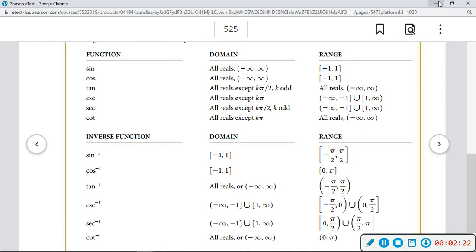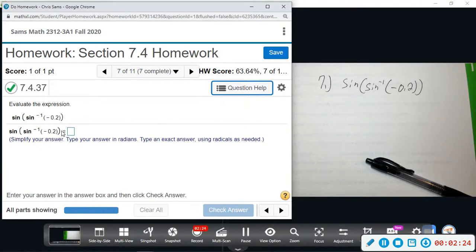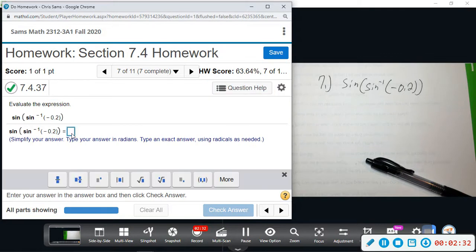So this number, negative 0.2, is actually between those two numbers. So it just says, okay, this will cancel this out, and this will be our answer. So we don't actually have to do any work. You just got to understand that property. So just negative 0.2, that 0 is not necessary. As long as that number is in the domain of the inner function, then it just cancels out and gives you that answer.